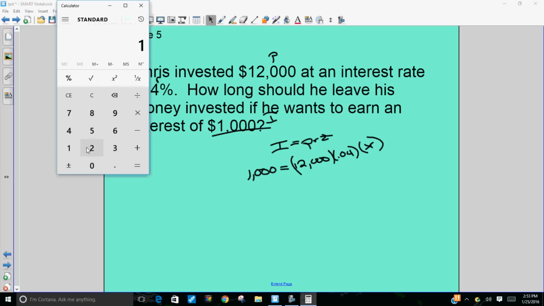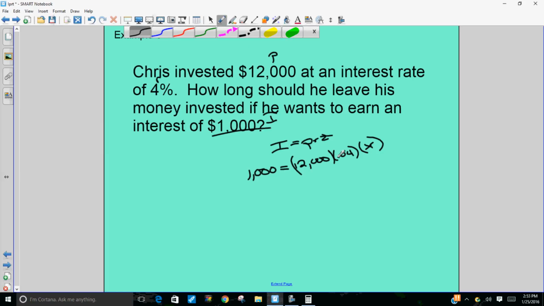Okay, so 12 times 0.04 equals 480. Okay, so this would be 480x. These two I multiplied, the x I bring straight down, equals 1,000.